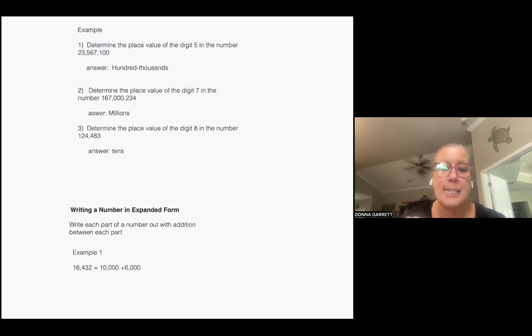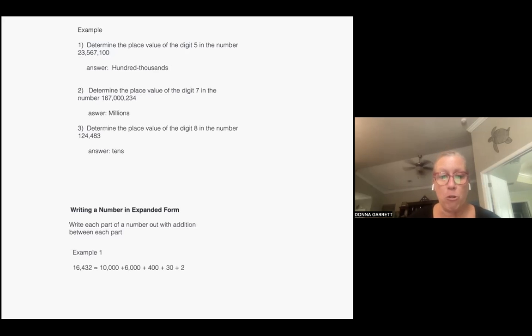So the 1 is in the ten thousands place, so you put 10,000. The 6 is in the thousands place, so you put plus 6,000. And then the 4 is in the hundreds place, so we're going to put 400. And the 3 is in the tens place, so we do 30. And the 2 is in the ones place, so we just write 2.